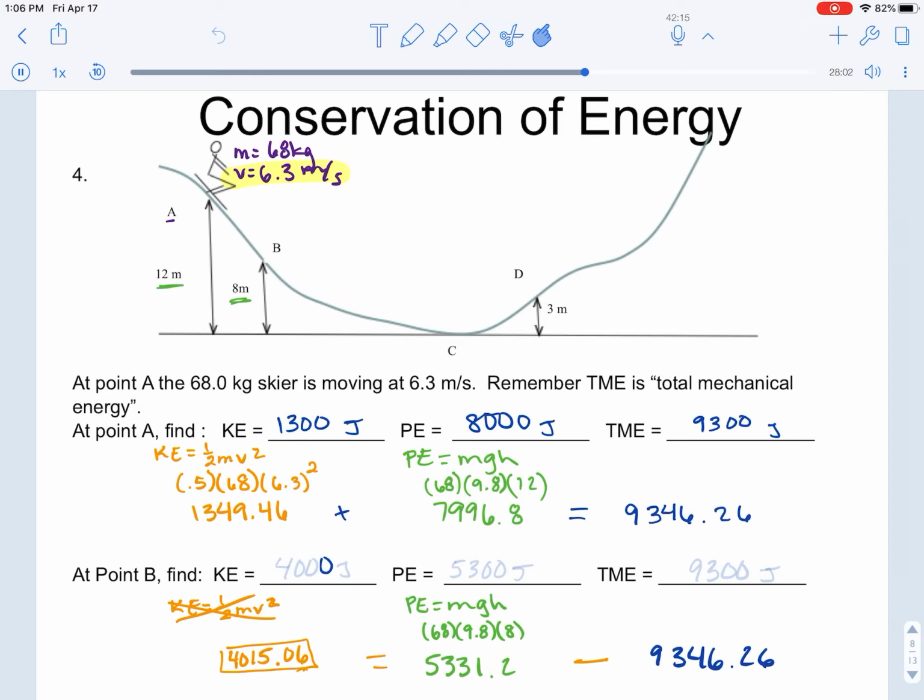Okay, so once again, everything rounded for sig figs. If this is a quiz or a test question, that final answer needs to be rounded. So this is going to be 4,000 joules in the form of kinetic.